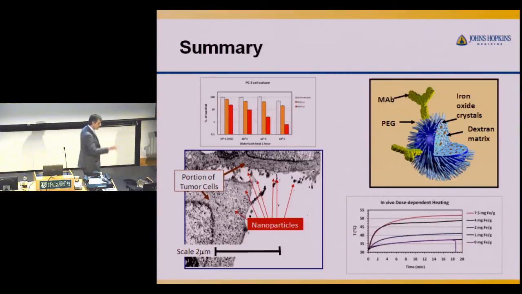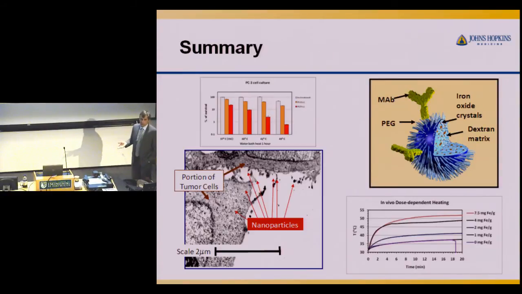And so to summarize this portion of the talk, I guess one can say that there is a great deal of evidence that suggests that heat does have some clinical utility, particularly as part of a multimodal therapeutic regimen for cancer with radiation and chemo.